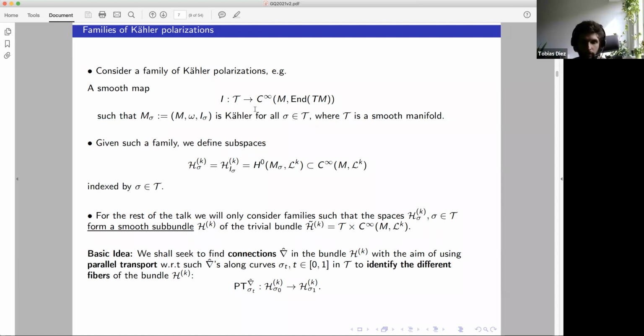So you also don't have any example where this assumption is violated? I think there are certainly ways to violate this, namely if you take a family of Kähler polarizations where H0 will jump up. That's possible because at some special fibers you could have H1 and so on.